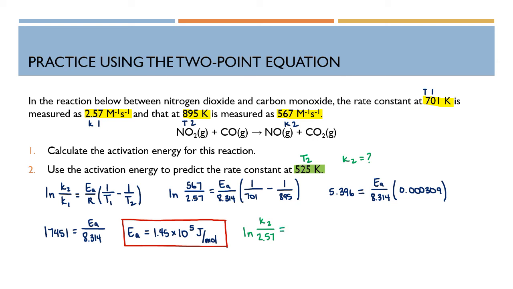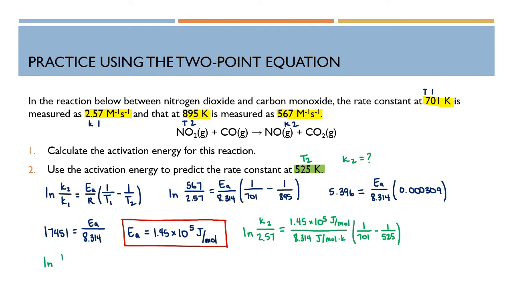And that is going to equal, and then I plug in my activation energy, 1.45 times 10 to the 5th joules per mole, over 8.314, the gas constant, 8.314 joules per mole K, times 1 over 701, which is my T1, minus 1 over my new temperature, which is 525 kelvins.